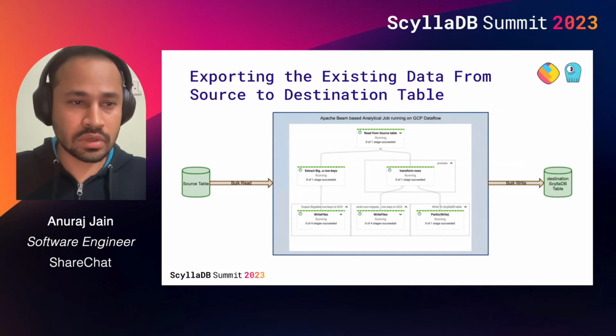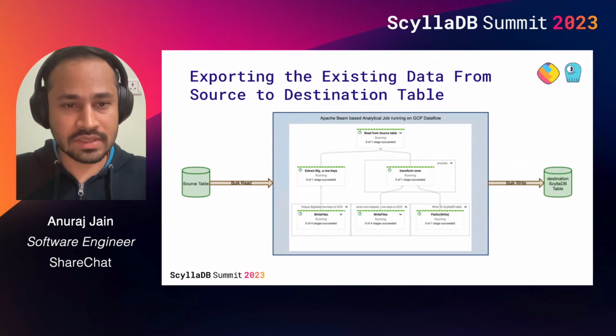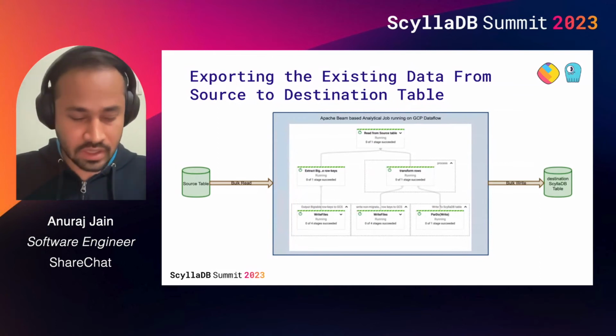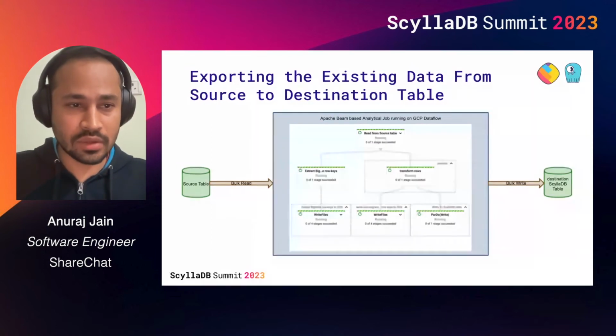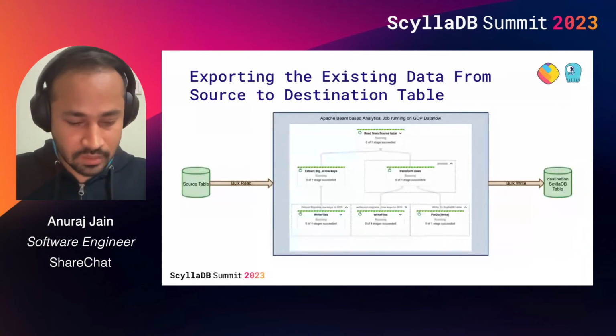However, there are three issues with this approach. First, the data set that we are talking about here is really large. So if any pods or any machine running the jobs that we write fails, it's hard to track where we have read from the source DB until where we have written to ScyllaDB.